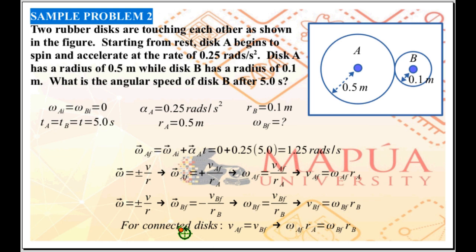Now, for connected disks, geometry tells us that if the disks are connected as shown, the edges of the disks are connected as shown, the tangential speeds of the edges are equal, meaning VA final is equal to VB final, which gives us omega A final RA is equal to omega B final RB.